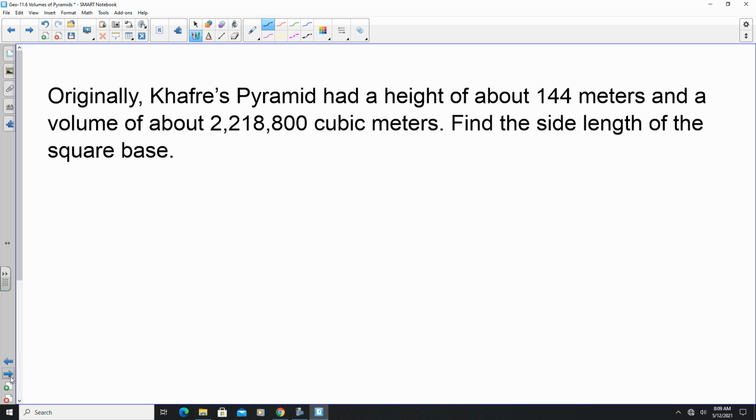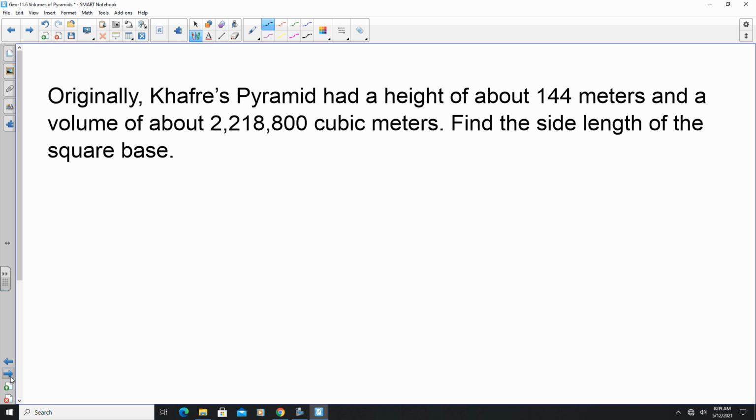All right, so it says here originally the Khafre pyramid, hopefully I didn't butcher that pronunciation, sorry, had a height of about 144 meters and a volume of about 2,218,800 cubic meters. They want us to find the side length of the square base.